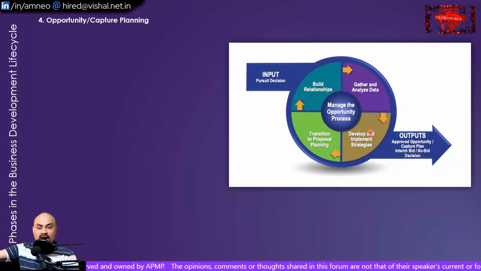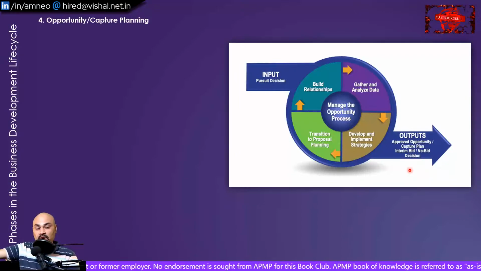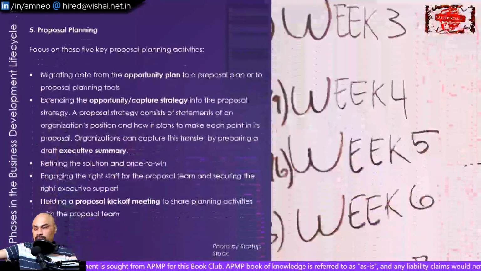Once you have developed and implemented the strategy to win this opportunity and captured that information, your output would be a bid/no-bid, an interim bid/no-bid from your management, one of the decision gates. So that's the whole process here.